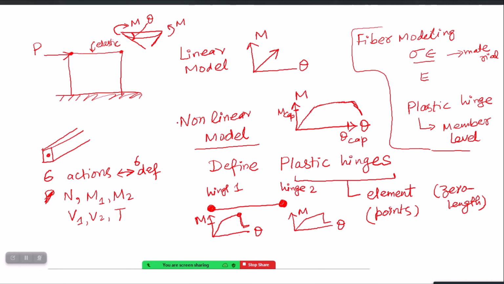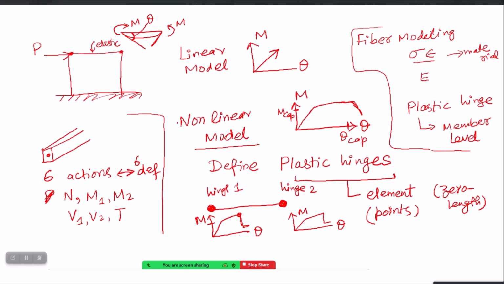But currently, out of those 6 actions, this particular example which I just showed you on the right hand side of this figure is only making one particular action, which is the moment about one particular axis, versus the rotation. I made it nonlinear only for one out of those 6 actions. But using plastic hinges, you can make any of those 6 actions nonlinear.